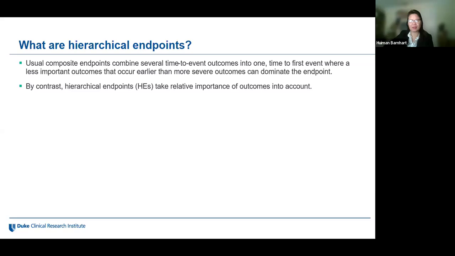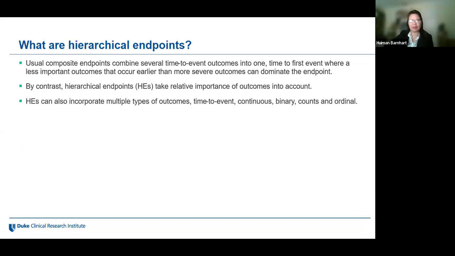By contrast, hierarchical endpoints take relative importance into account, and they can incorporate multiple types of outcomes: time to event, continuous, binary, ordinal, and count.